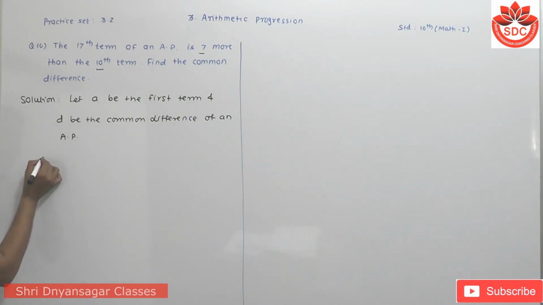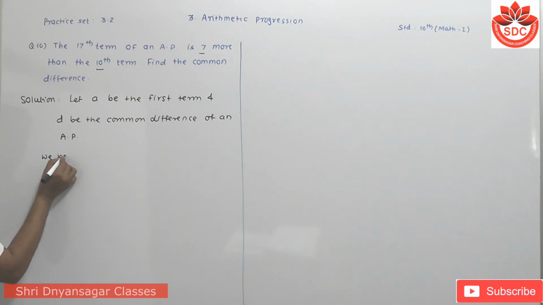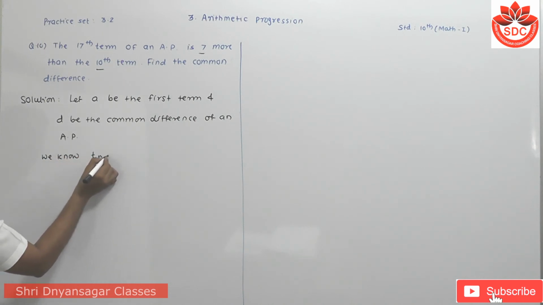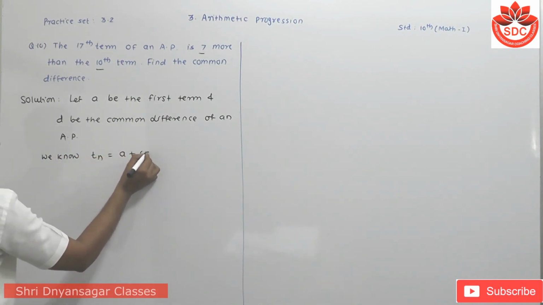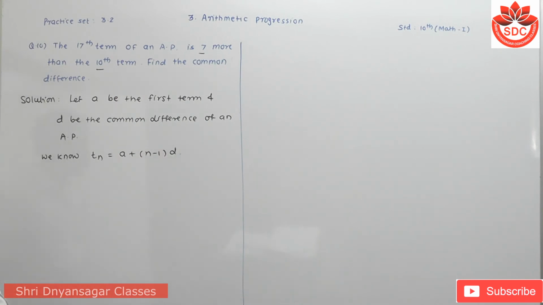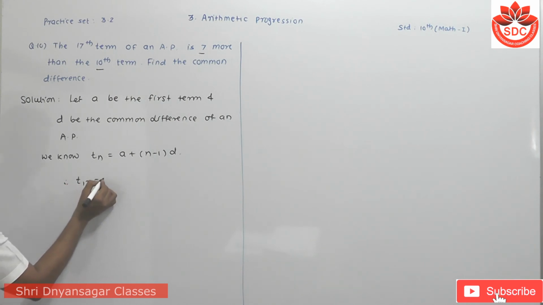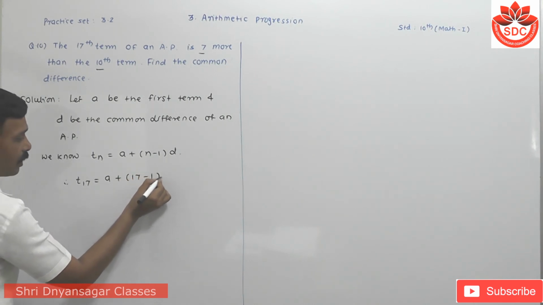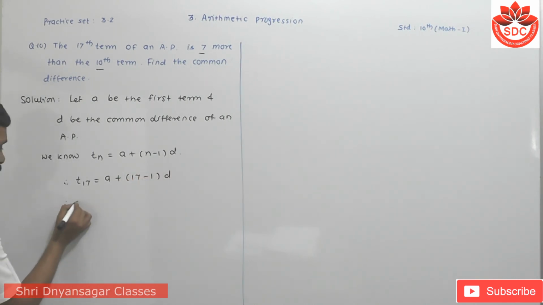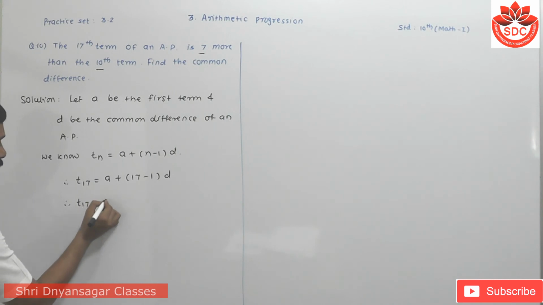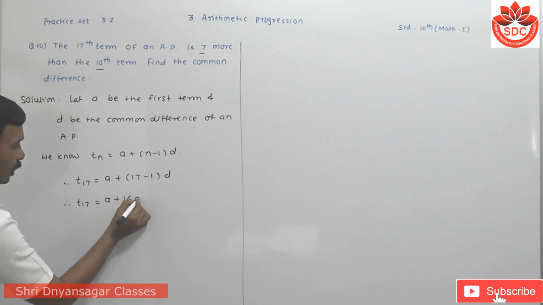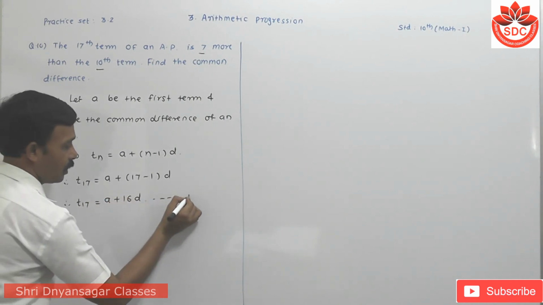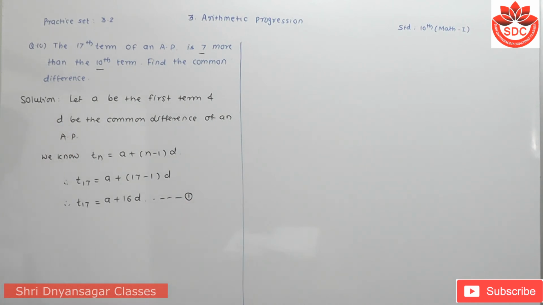We know that the formula for the nth term is a plus n minus 1 into d. Then student, first I will find the 17th term. Therefore T17 is equal to a plus 17 minus 1 into d, that means T17 is equal to a plus 16d. Suppose this is equation number first.